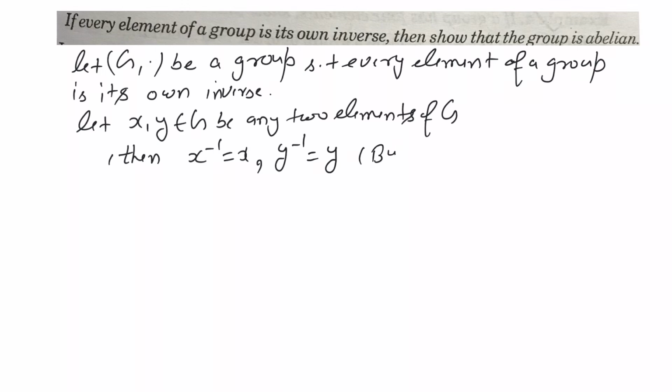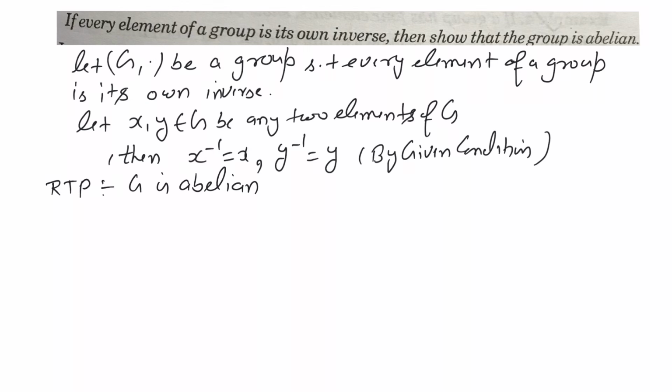And we are required to prove that G is an abelian group, that is, xy is equal to yx for all x, y belonging to G, meaning its elements commute with each other.